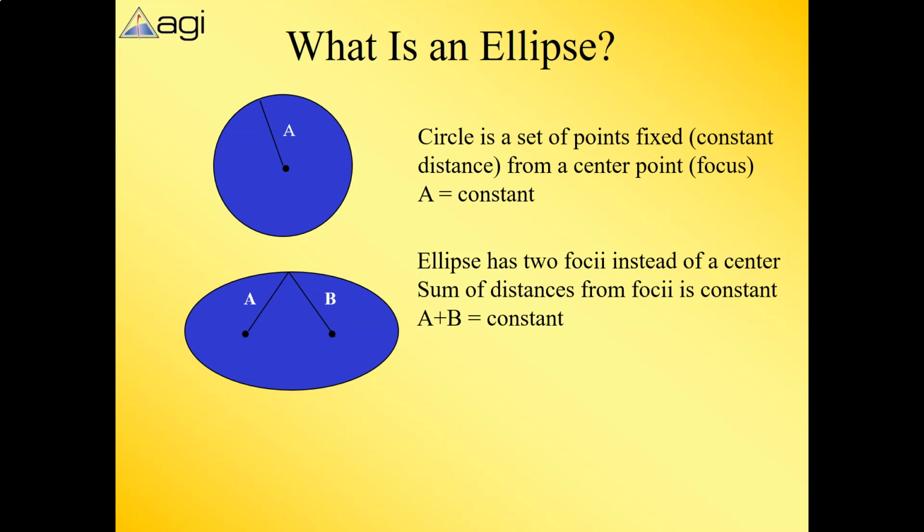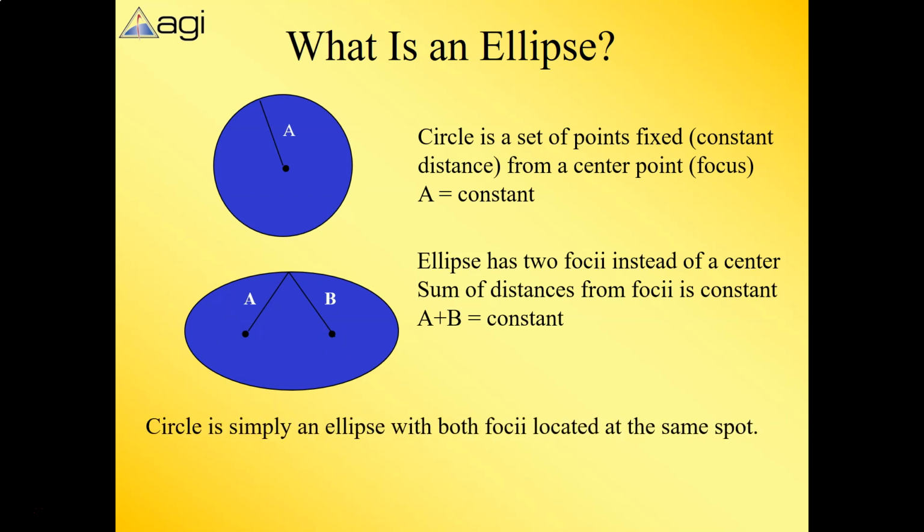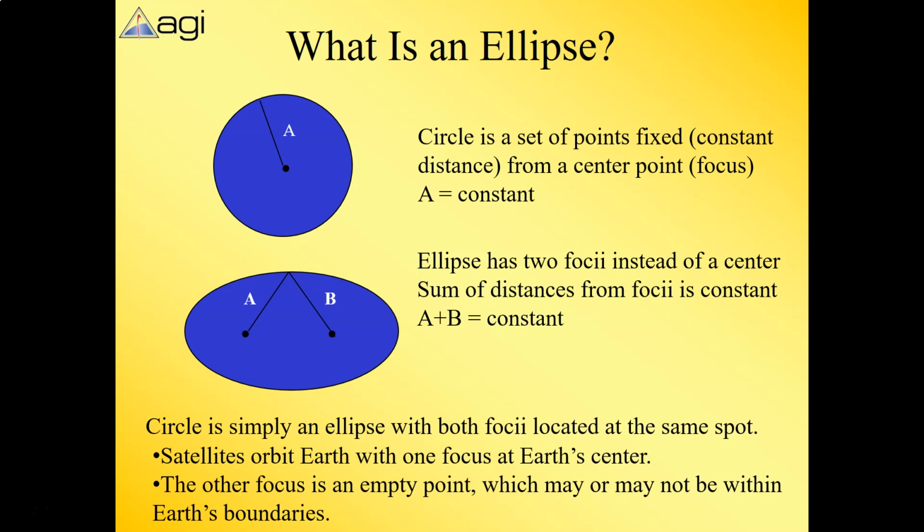In other words, if I pick any point out on the perimeter of this ellipse and I connect it back to both foci and I add those distances together, they will always equal the same value. Remember that a circle is an ellipse with both foci co-located.